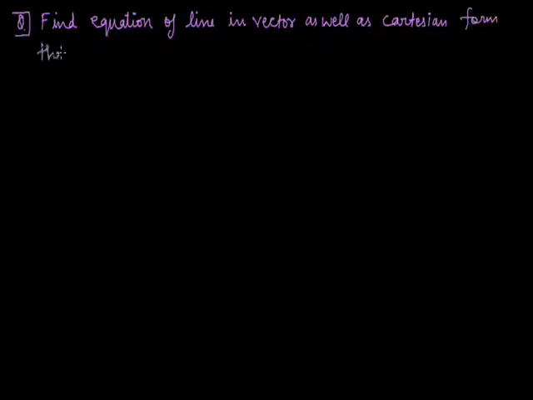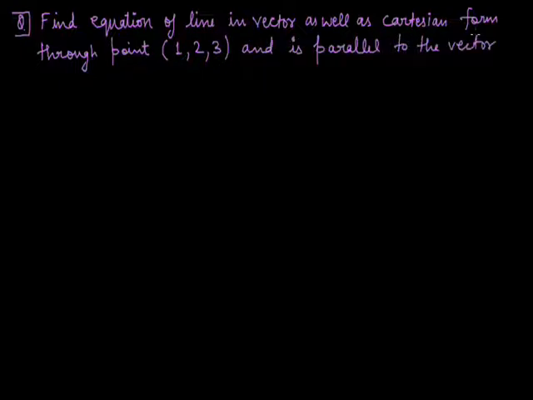Find the equation of the line in vector as well as Cartesian form through the point (1, 2, 3) and parallel to the vector 3i cap plus 2j cap minus 2k cap. So we need to find the vector as well as the Cartesian equation of this line.